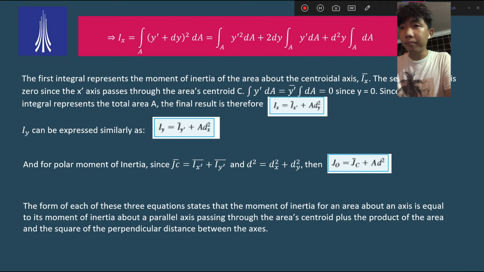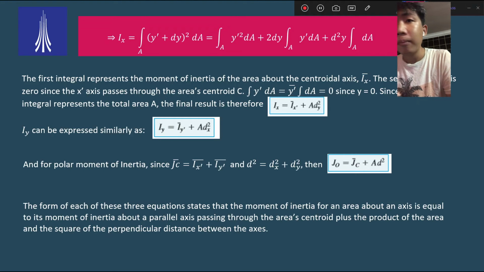Therefore we get Ix, which is equal to the integral of (y' plus dy) squared dA. Expanding, we get the integral of y' squared plus 2 dy y' plus dy squared, times dA. The first integral represents the moment of inertia of the area about the centroidal axis, I bar x'.